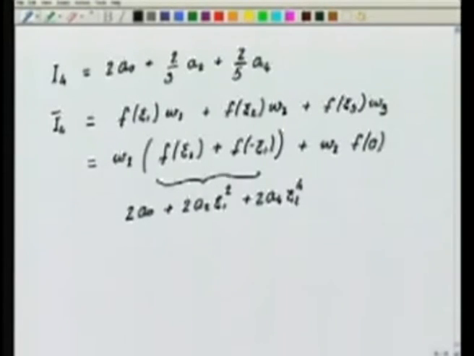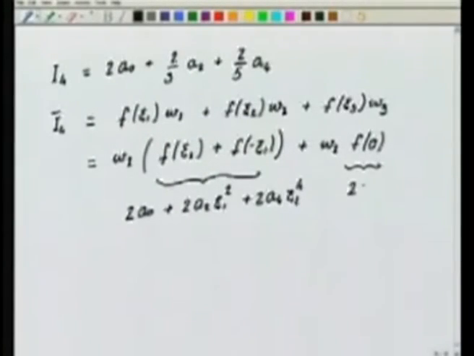Sorry, this won't be 2a0; f at 0 will be simply a0, by what we have done.